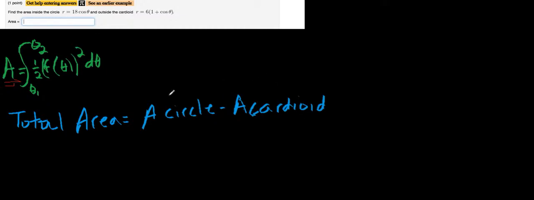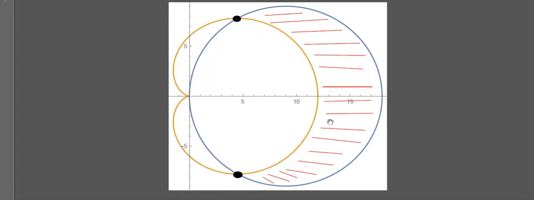Now first I want to direct your attention to the graphical representation of the circle and the cardioid. This is what it looks like. As you see, I have shaded in with red lines the area that they're asking for, and the black dots are the bounds that we need to find.